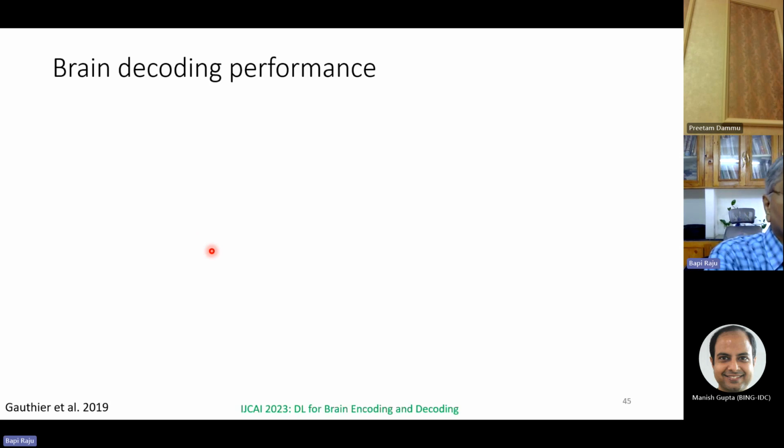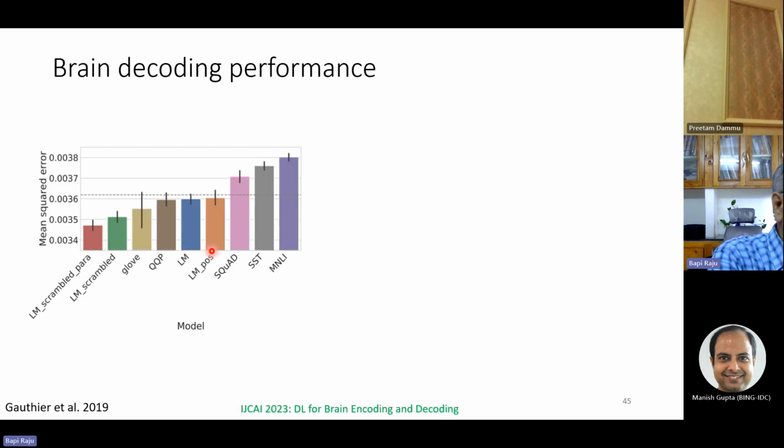And they have looked at the decoding performance of several of these task-based models, how well the decoder predicts the representations from the brain activity. Brain activity is the input, and the representations correspond to the semantic task or natural language understanding task, or the scrambled para or scrambled models.